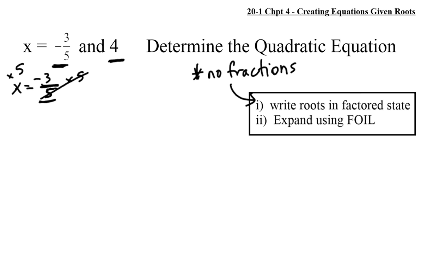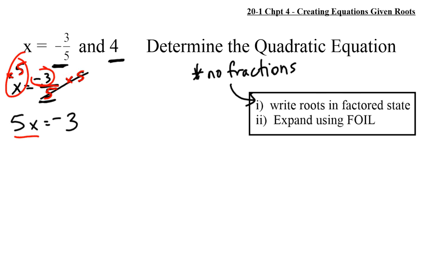Well, this becomes 2 steps. We have 5x equals -3. Because this was divide by 5, we multiplied by 5. And that left us with our 5x, and we still have the -3.